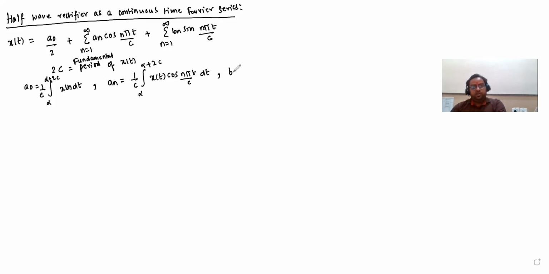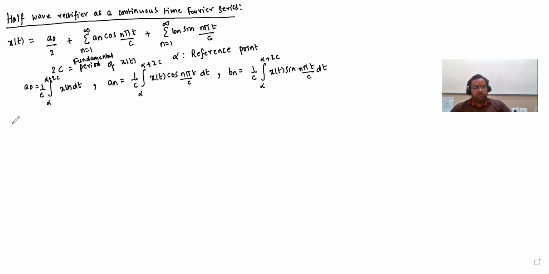And b n is 1 by c times the integral from alpha to alpha plus 2c of x of t sine n pi t by c dt. Here alpha is our reference point, and it is up to us to choose as per our convenience.